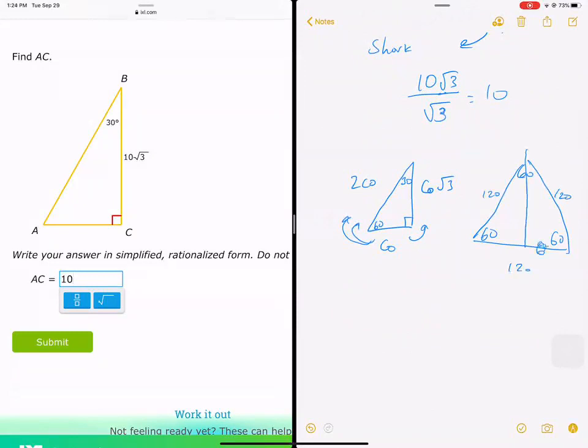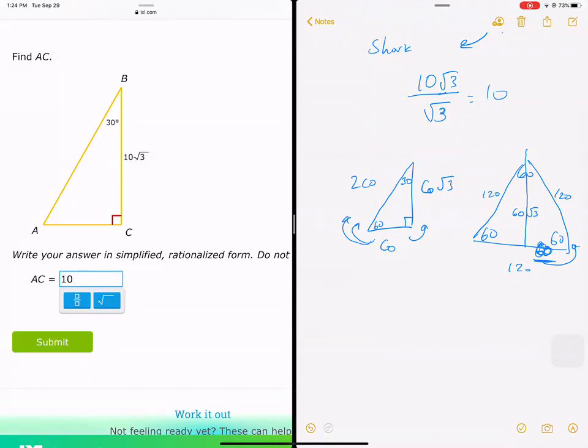So the short side is always half of the hypotenuse because I cut the triangle in half. And Pythagorean theorem would say this is 60 square root of 3, no matter what number you pick. And that's why it's a physical restriction. Like that must be true for all 30, 60, 90 triangles.